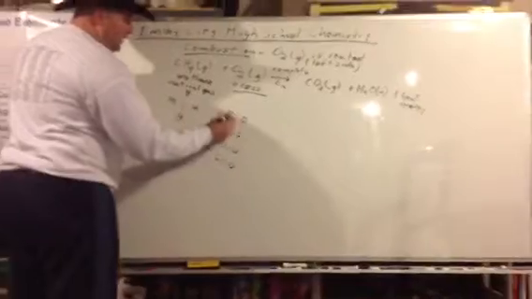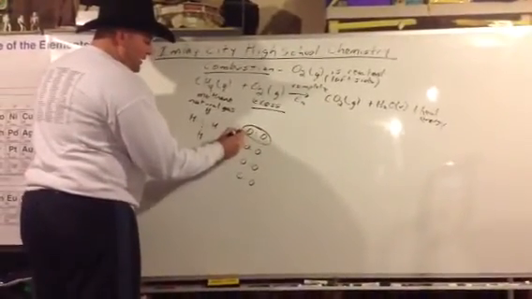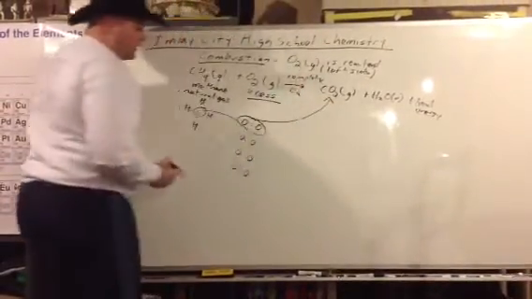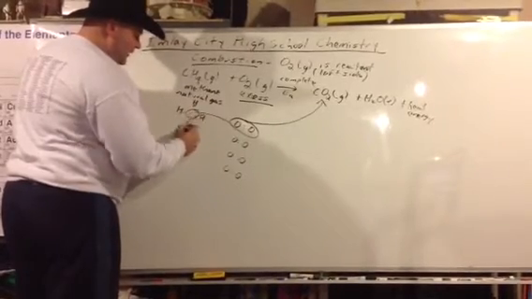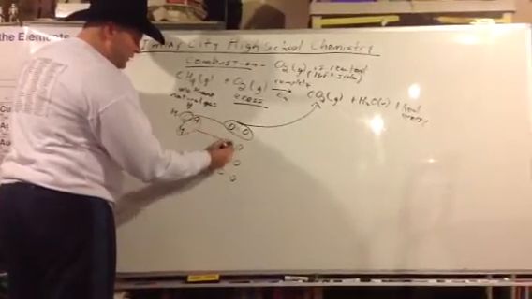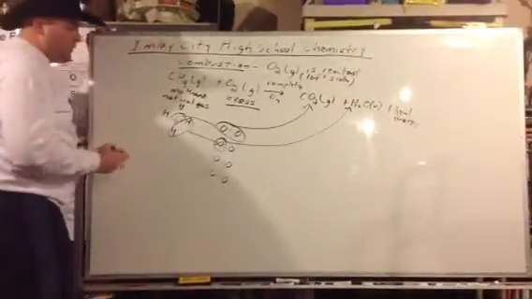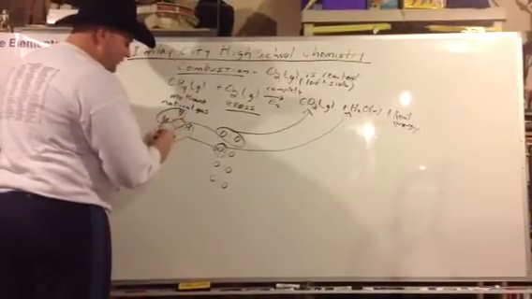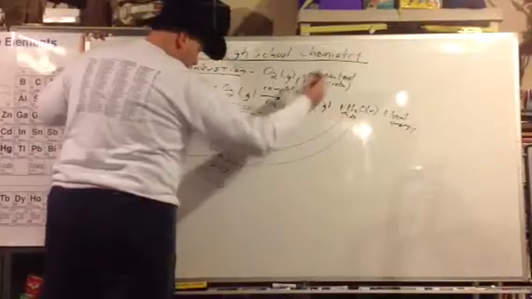So you can see here that we can have, let's say, these two oxygen atoms combine with this carbon to form our carbon dioxide. We could have these two hydrogens combine with this oxygen to form our water, and we could have these two hydrogens combine with this oxygen to form more water.